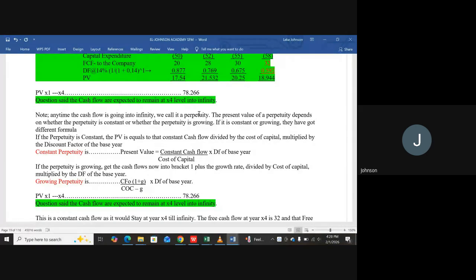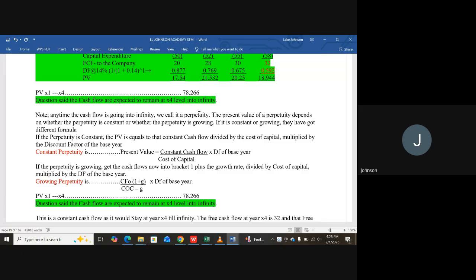So we are going to learn the formula as well. Apart from knowing the normal discounting method and the annuity method, we also need to learn what perpetuity is.